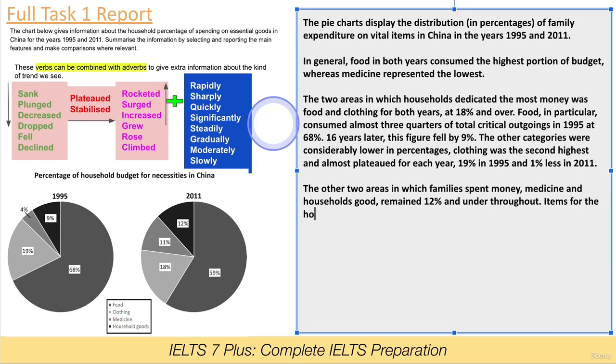Items for the house saw only a steady increase in the latter year, reaching 12%, a 3% increase there.